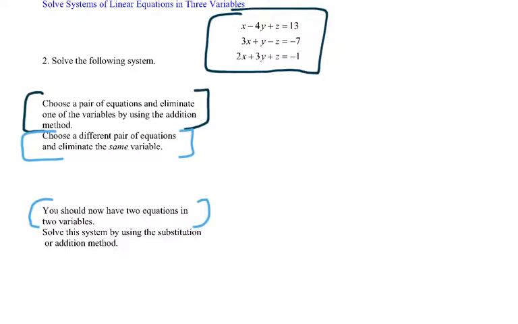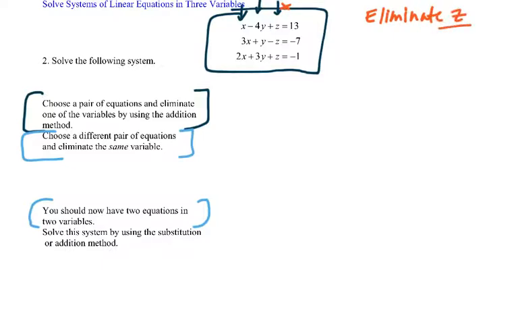If you look here, the x is not a good idea because we have coefficients of 1, 3, and 2. For the y, we have -4, +1, +3 as coefficients. But for the z we have +1, -1, +1. So we have the same coefficient or opposites of each other for all of the coefficients for z. So on this one, I'm going to want to eliminate z.